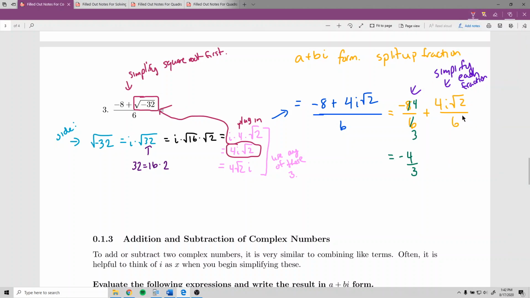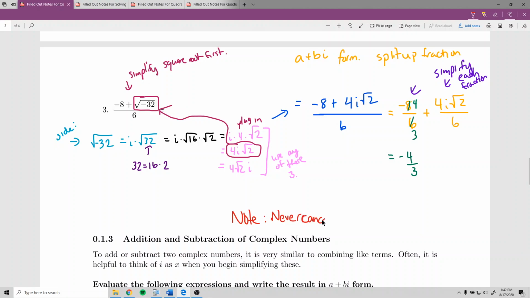And the one on the right here, one thing you want to do, you can never cancel something in a square root with something not in a square root. So let me write a major note here. You probably know this, but maybe it's been a while since you've dealt with square roots.